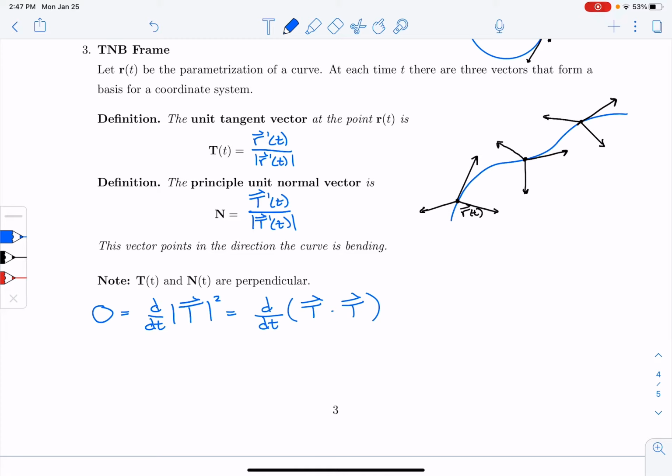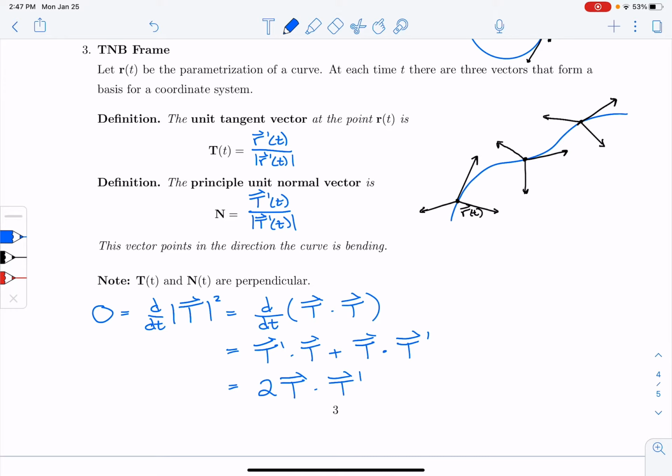But then we can use the product rule to compute the derivative of T dot T. So it's the derivative of the first T dotted with the second T left alone, plus the first T left alone dotted with the derivative of the second T. So in fact, it's 2 times T dot T prime, because both of those expressions are the same.